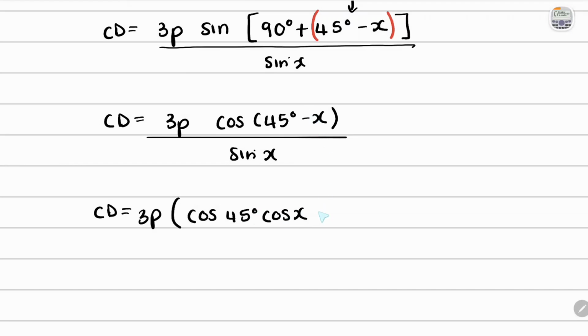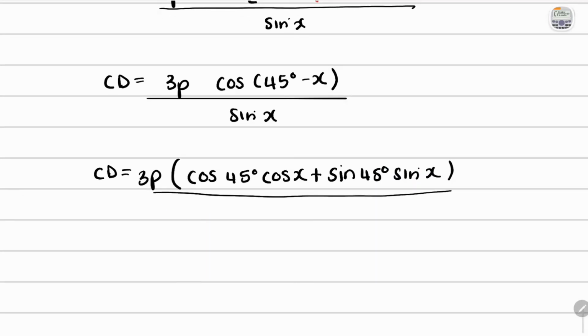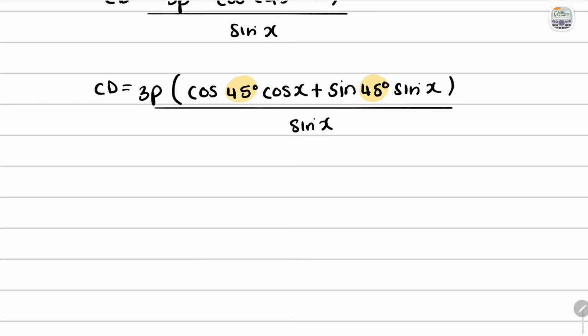And then because it's a minus, that changes to a plus, according to the compound angle rule for cos. So we have now sine 45 degrees and sine x all over sine x. Okay, this is good because these are special angles and we can actually expand those.